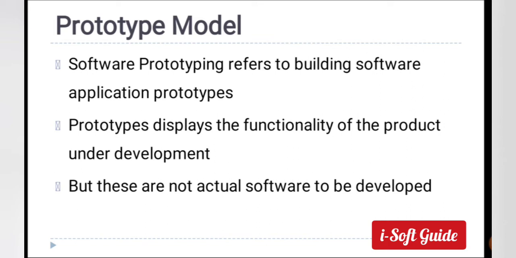So a prototype displays the functionalities that we will include in the software we are going to develop. But these prototypes are not the actual software. They are only a replication of the actual software that we will develop.